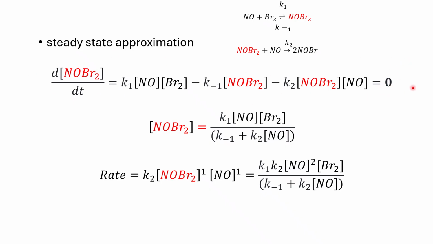By having this equation, we can find out the concentration of NOBr2 as an intermediate. And having the expression, we can substitute it into the rate of the reaction.